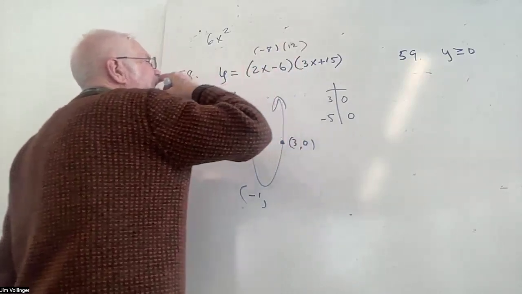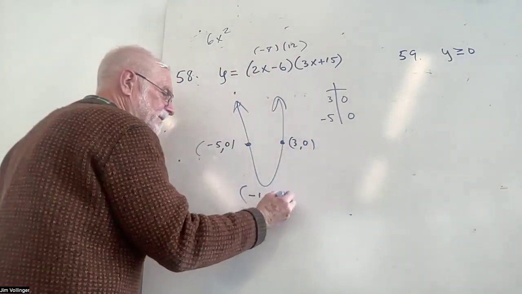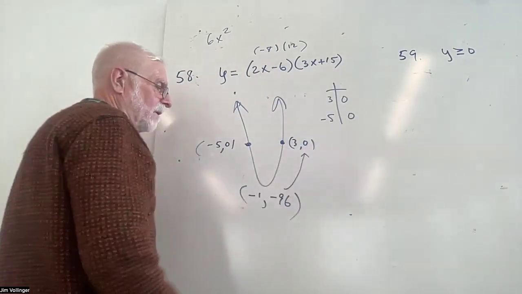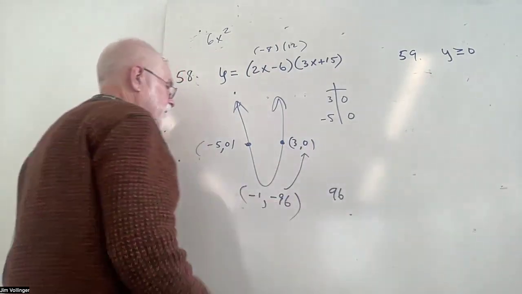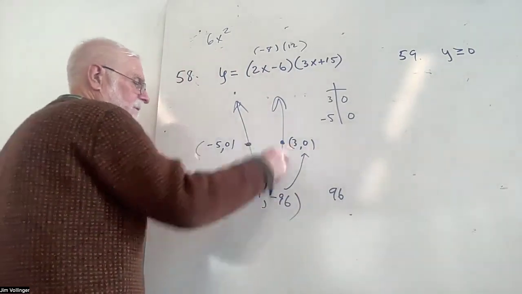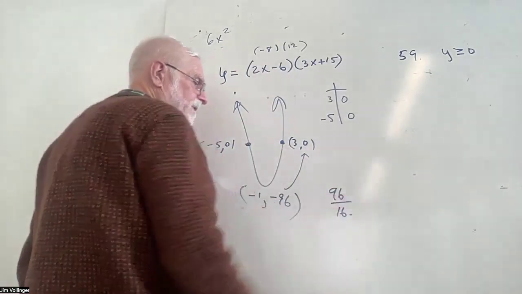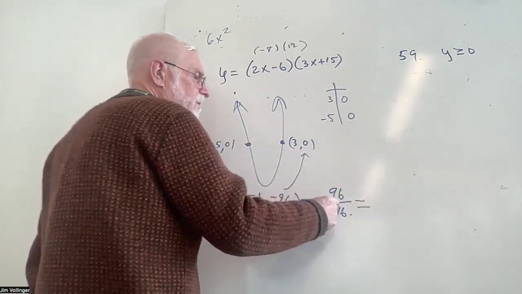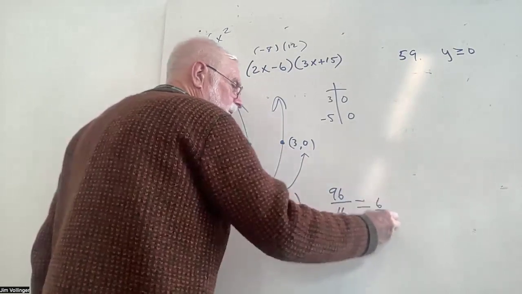+12, that looks like 80 and 16, -96. How far is it from -96 to 0? 96 units. How far is it from -1 to 3? 4 units squared is 16. And just coincidentally, that squared change times 96 is 6 to 1.